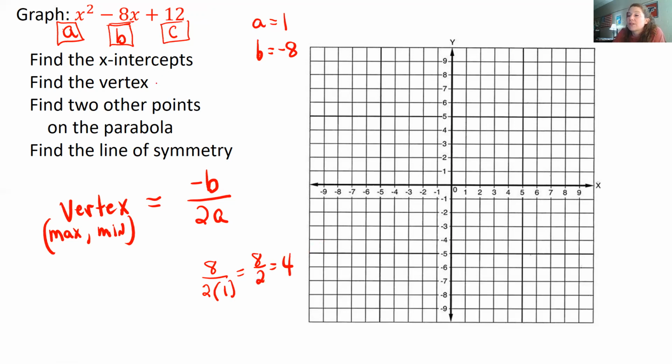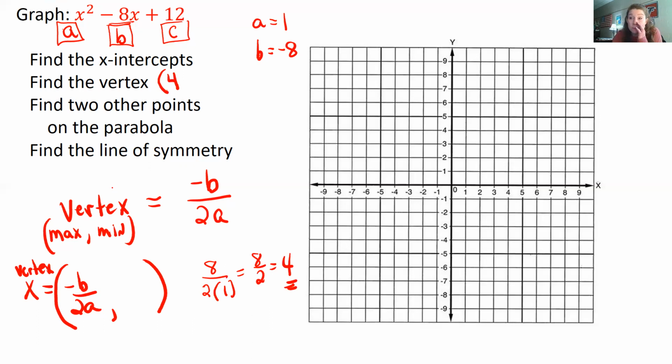Now, when I find the vertex, I need 2 numbers. So basically, that formula right here, this is what x equals. X is equal to -b over 2a. So the x value of the vertex is equal to -b over 2a. So the way I get y is I plug in this value for the whole formula to figure out what y is when x is 4.